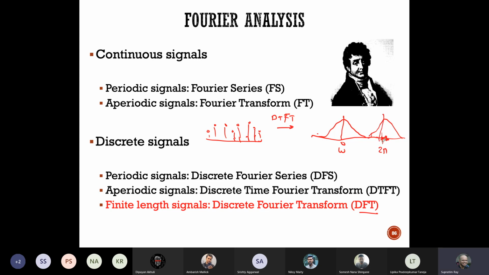So you need an infinite number of values in the frequency domain to represent the signal in the time domain. This signal needs an infinite number of values between 0 and 2 pi to be represented because it's not a periodic signal.